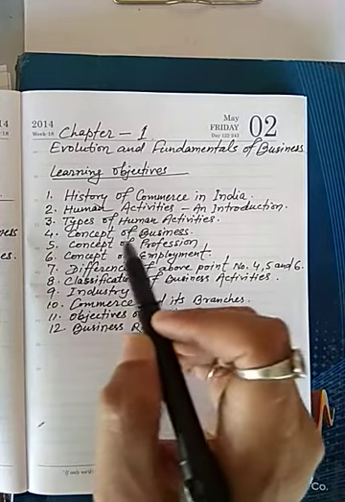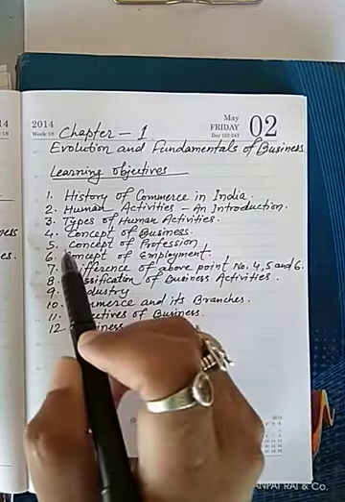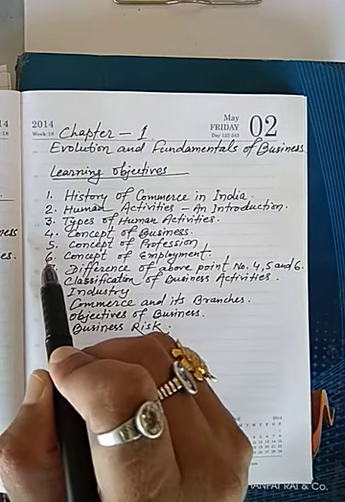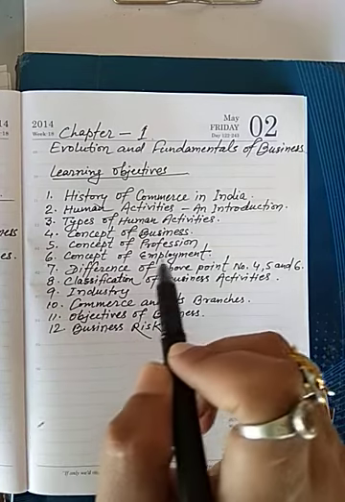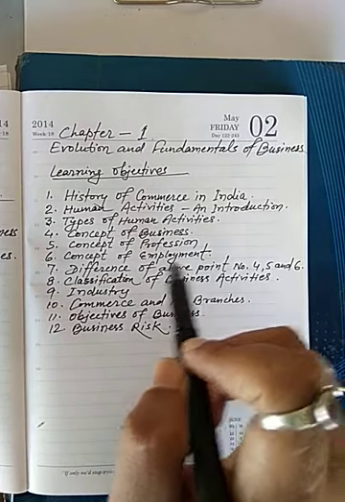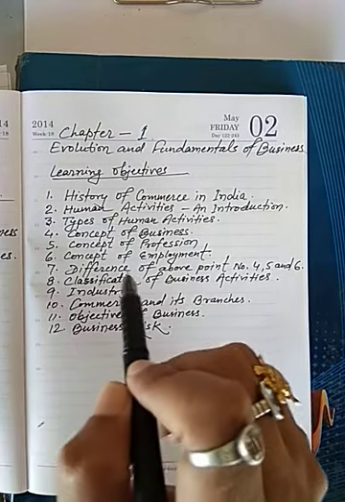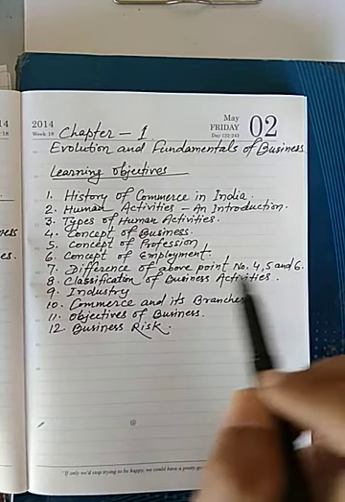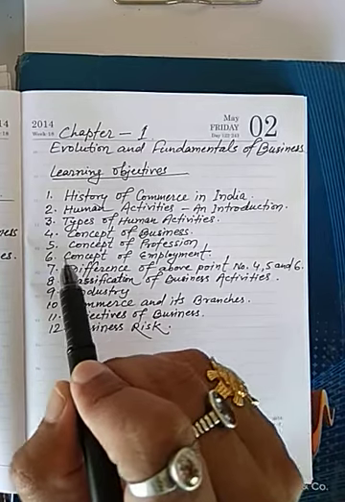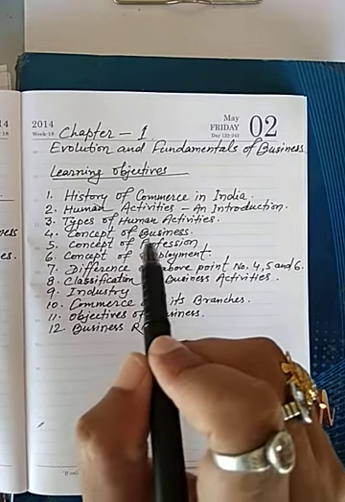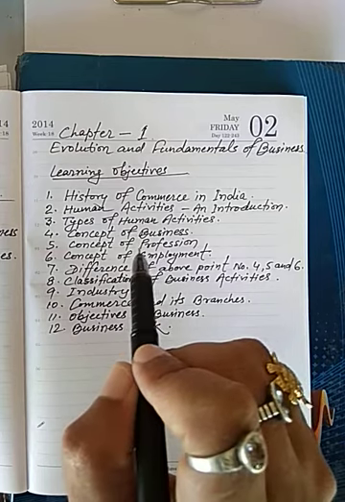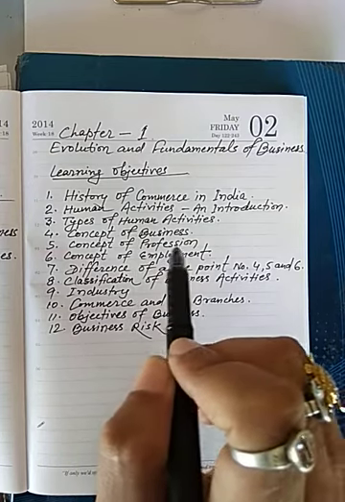Fourth, concept of business. Fifth, concept of profession. Sixth, concept of employment. Seventh, difference among business, profession and employment.